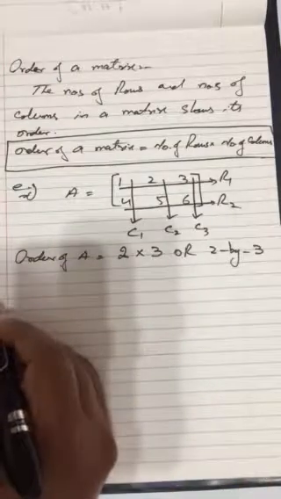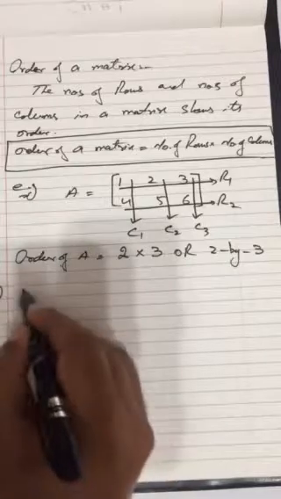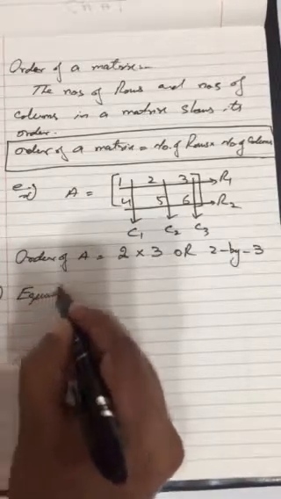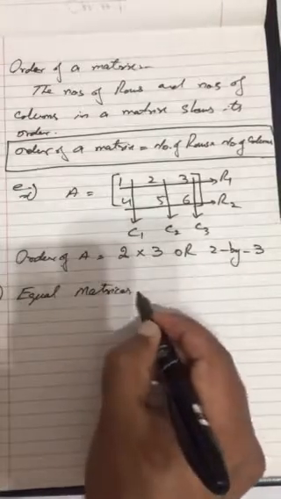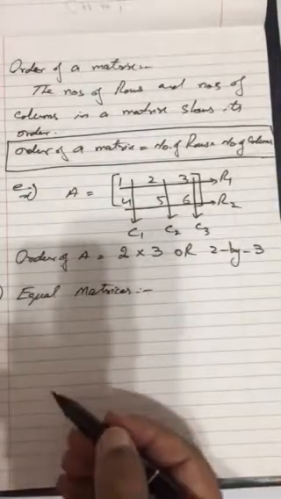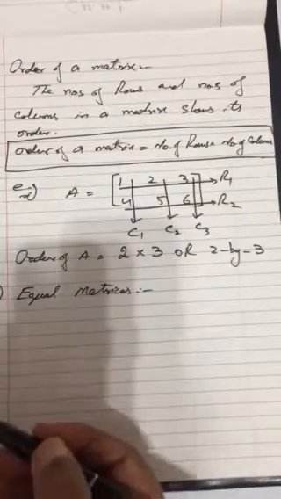Now the next, number 4, equal matrices. For equal matrices, of course we take 2 matrices.